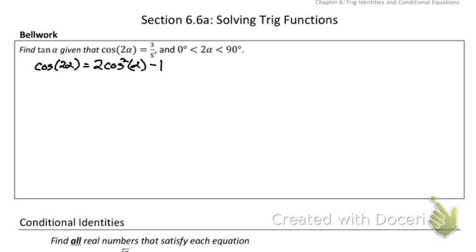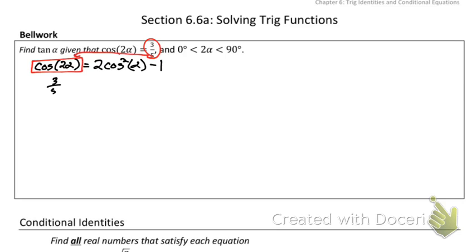I picked that one. You are now going to take that 3 over 5 and replace it for that entire quantity. Once again, I don't want to see you just replacing it in there and then looking for cosine of 3 over 5, which doesn't work. You're going to replace the entire thing with 3 over 5.